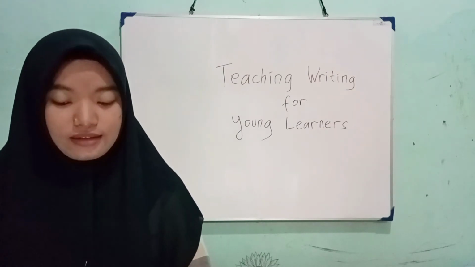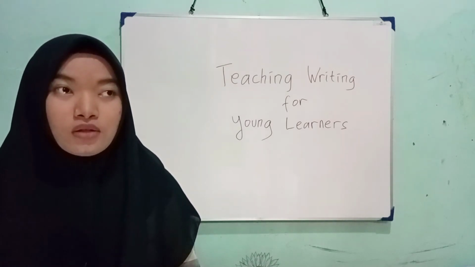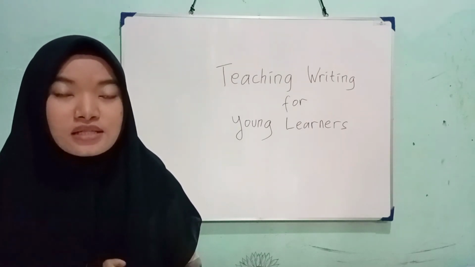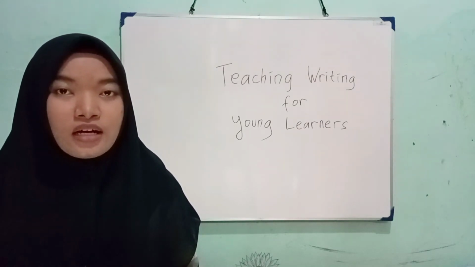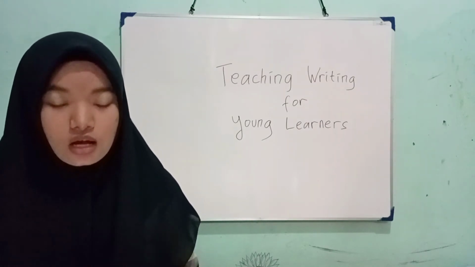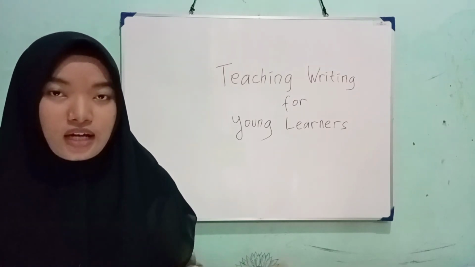Firstly, we can give the information about writing. The information is about what writing is, what the steps of writing are, and how a sentence looks like, and also what the kinds of the text.